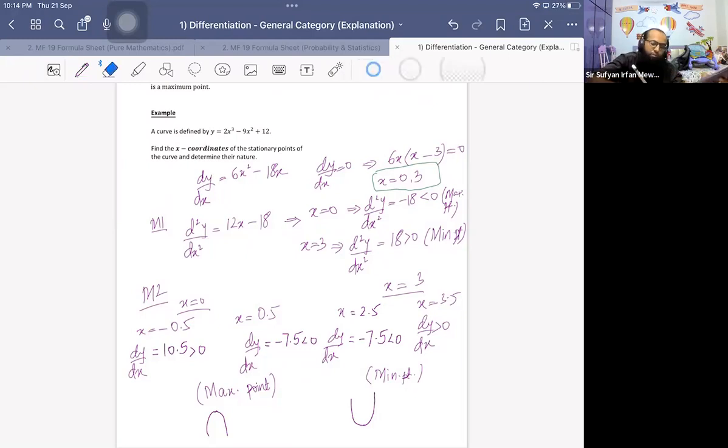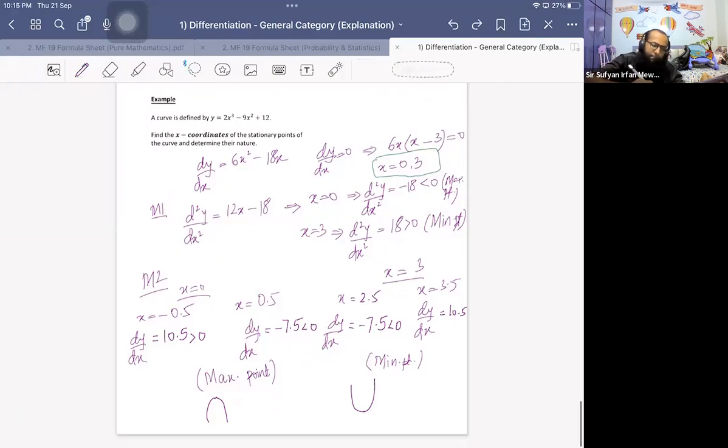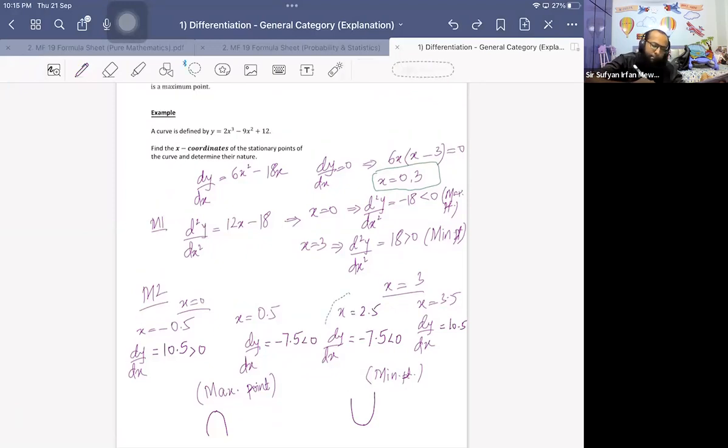And if we substitute 3.5, we get dy by dx is equal to 10.5. And this is definitely greater than 0. I'm writing it over here.